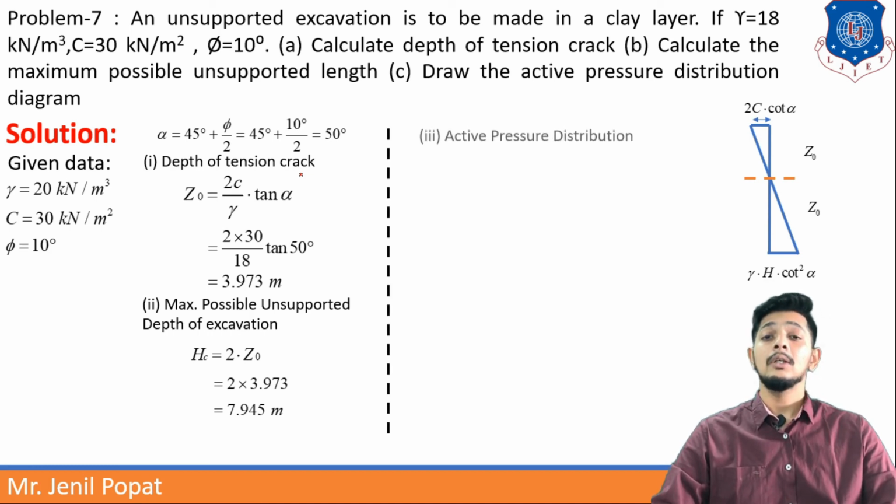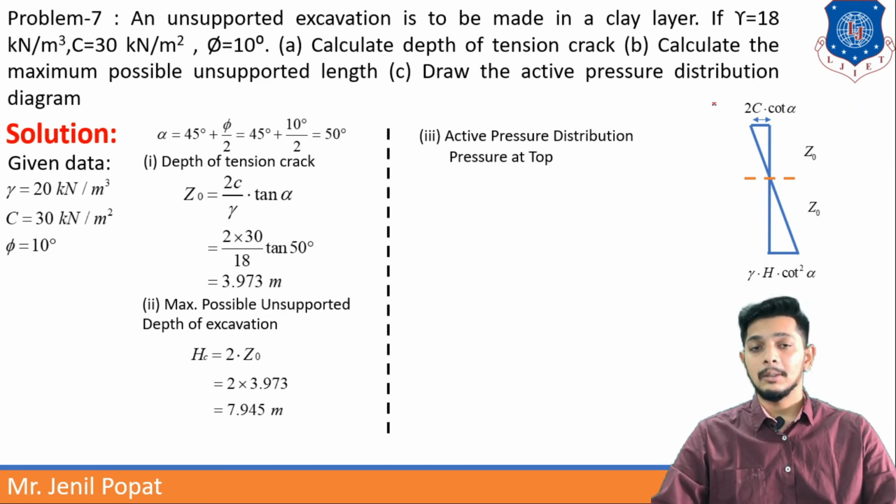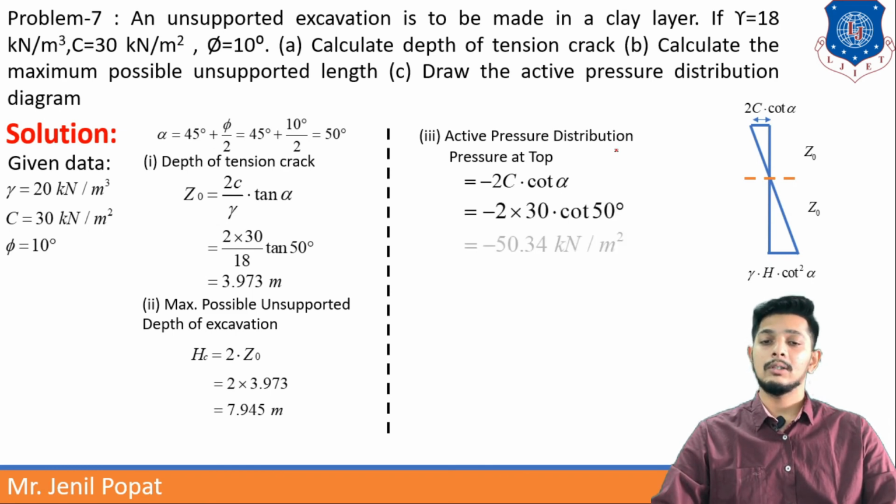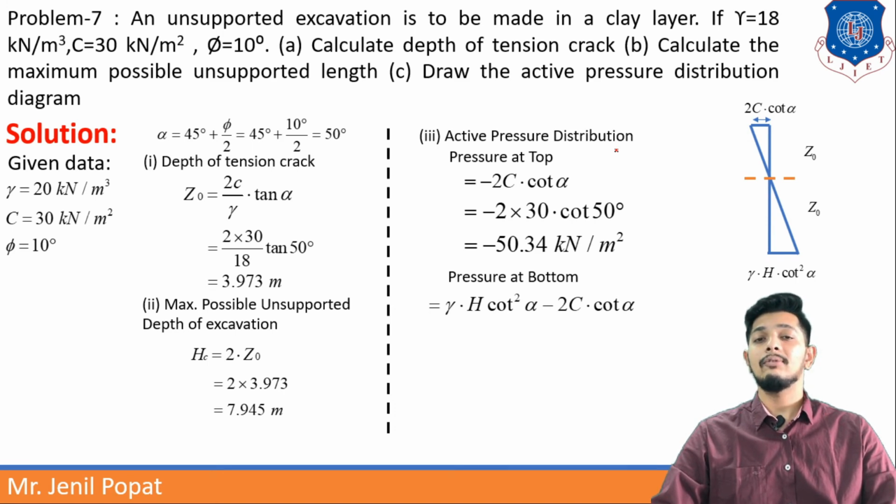And the third item, active pressure distribution: we have to calculate pressure at top and pressure at bottom. Then we can plot the pressure distribution diagram. So at top, 2C cot alpha negative value will be there. Putting C and alpha value in the equation, I am getting pressure at top as minus 50.34 kN per meter square, and pressure at bottom will be given as gamma H cot square alpha minus 2C cot alpha.